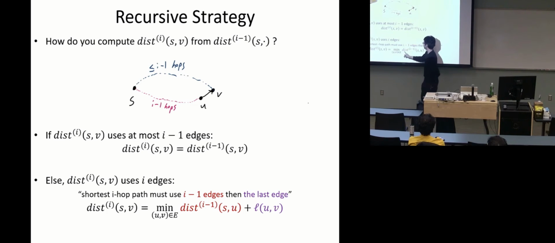That is, just use a path whose length equals the distance of the i minus 1 hop shortest path from S to U, and then just do the last step here. And that's just the best way to go to V through U. But now you can just range over all incoming edges, like take a minimum over all incoming edges. That's going to be your solution.